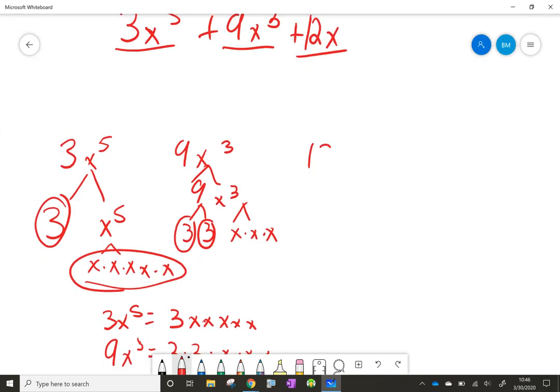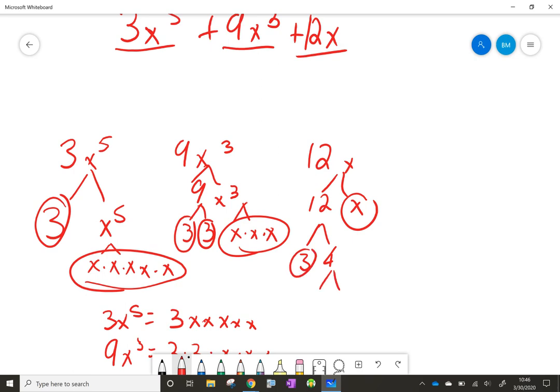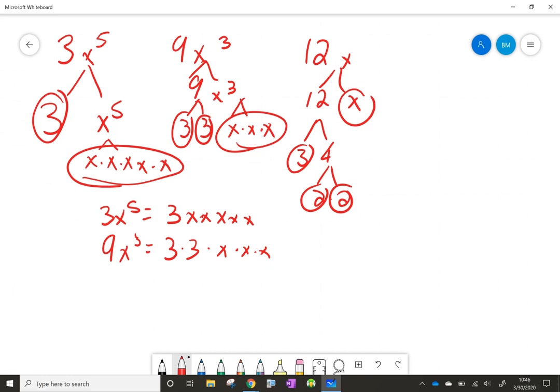And then the last one, 12x, we can break into 12 times x. X is obviously just one x, so it's all by itself, just a single x there. It's not like 3 of them or 5 of them like the first ones. 12 we can break into 3 times 4 though. So 4 can be broken down to 2 times 2. So we have a big tree here, right? So for 12x, we have 3 times 2 times 2 times x.